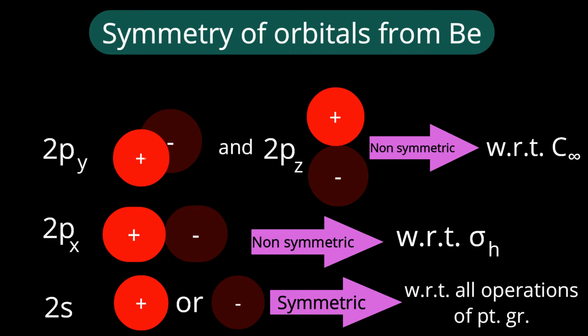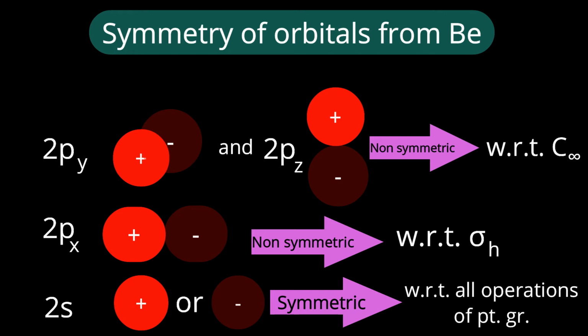So now you might be getting the point. The 2s orbital is eligible to combine with whom? The psi1 group from peripheral hydrogens. Now come to the next orbital. That's 2px. It is along the two bonds. Beryllium hydride has two bonds, hydrogen, beryllium, beryllium, hydrogen, so along that our x-axis is there.